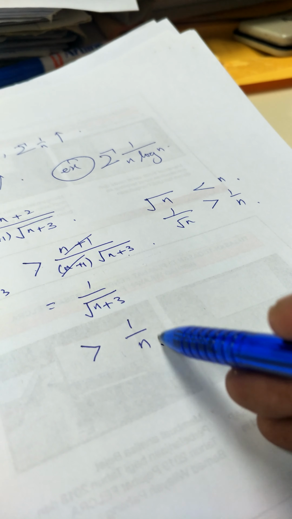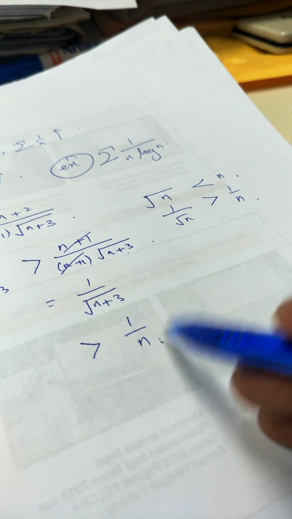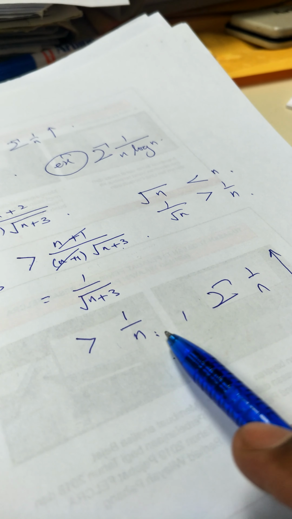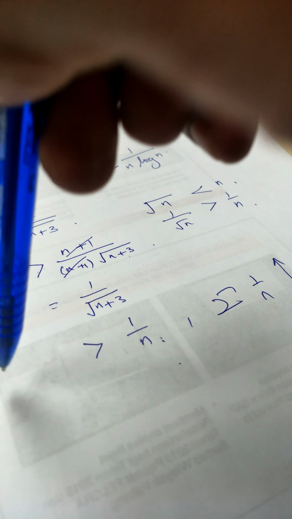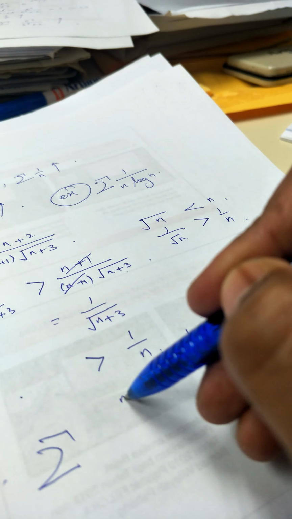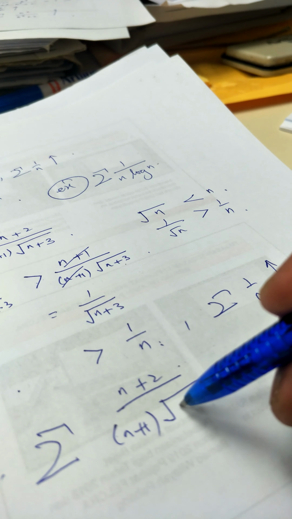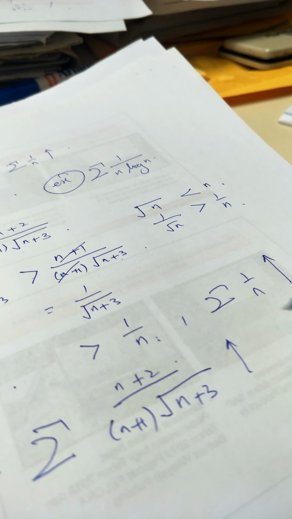So the smaller series, 1 over n, diverges. The smaller series diverges, so the bigger series also diverges. Therefore, we can make a conclusion that n plus 2 over n plus 1 times square root of n plus 3 also diverges.